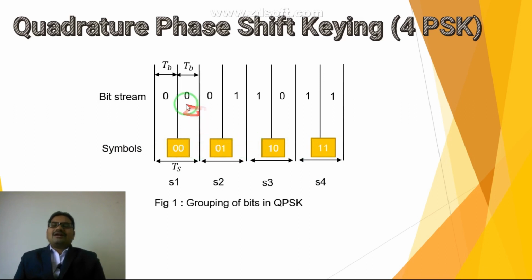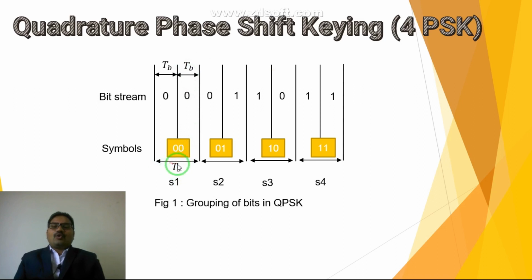It means we are combining more than 1 bit. And you can see from this figure the duration of each bit is TB. Similarly, each and every bit has a duration of TB. So what is TS? It is the symbol time.